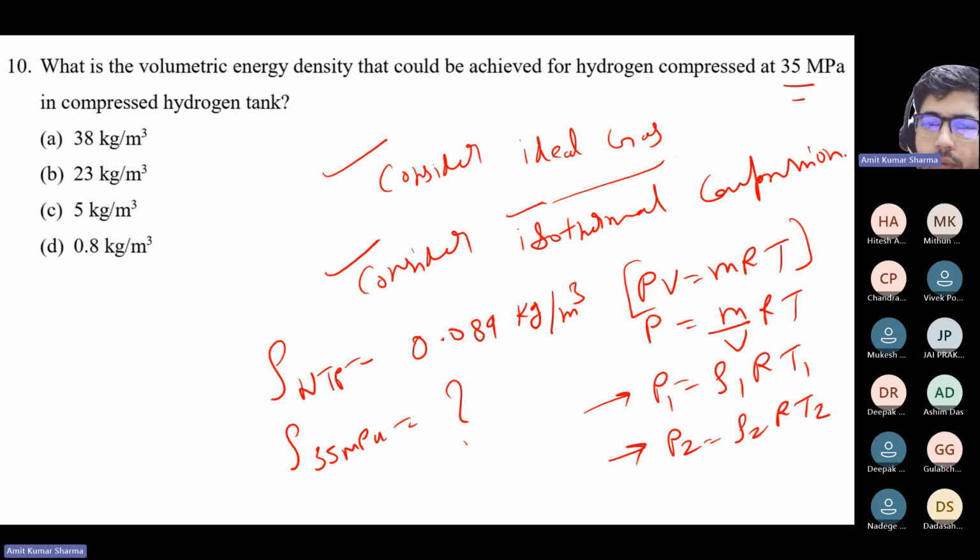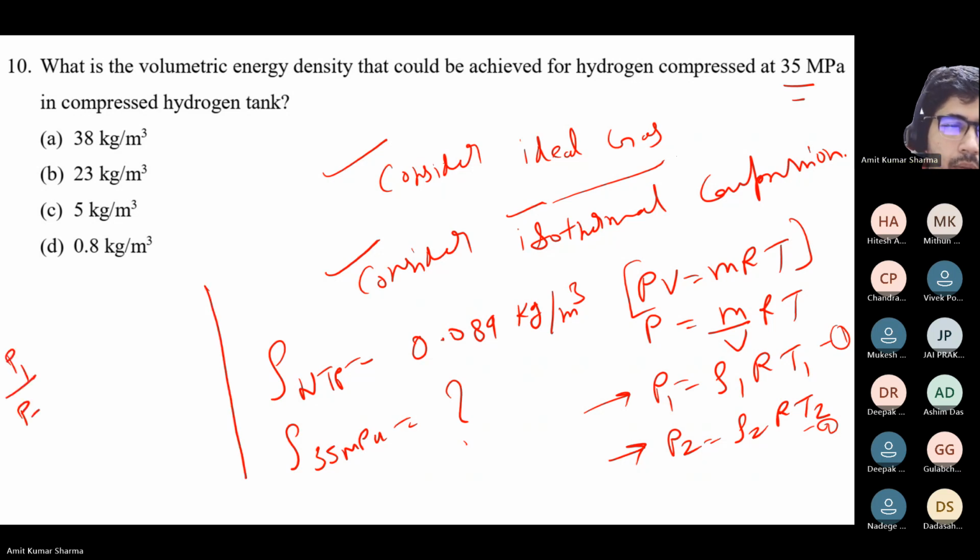If I divide both equations, it will become P1 upon P2 equals rho 1 upon rho 2. R cancels out, T1, T2 cancel out. So we need to calculate the density at P2, rho 2.